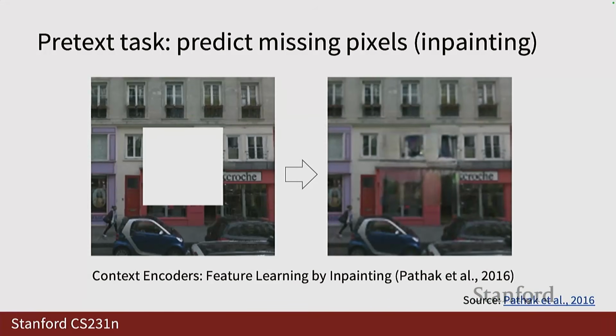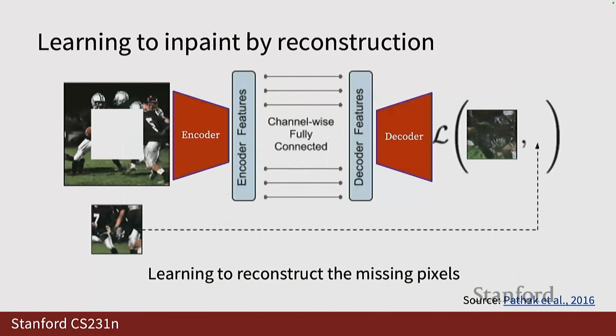The next pretext task is inpainting, predicting what is missing. What they did here was a simple masking strategy. You mask parts of the image, and then you ask the model to inpaint those masked parts. Because we have all of the images, we actually have the desired output.